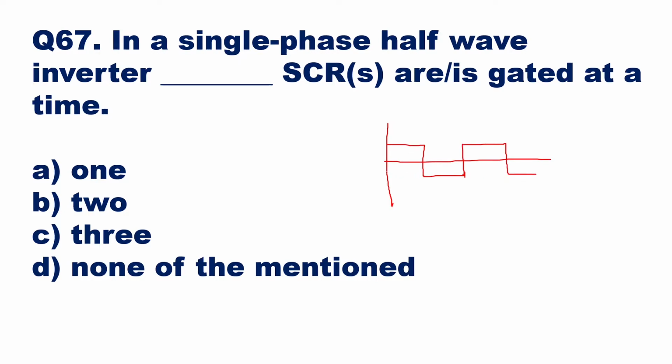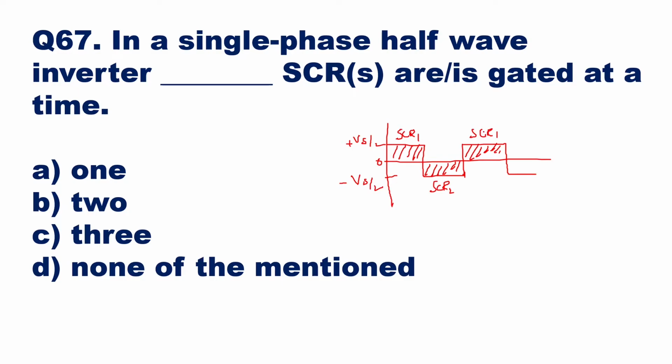Now this output is going to vary from minus Vs by 2, 0, to plus Vs by 2. Now this part is coming when SCR1 is fired. This part is coming when SCR2 is fired. Again, this part is coming when SCR1 is fired. That means at a given time, only one SCR is fired.